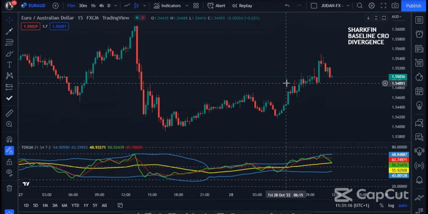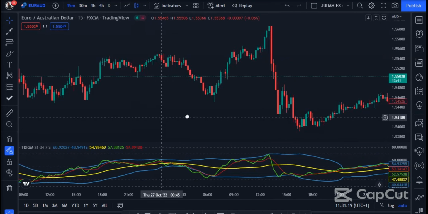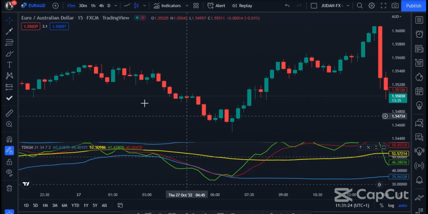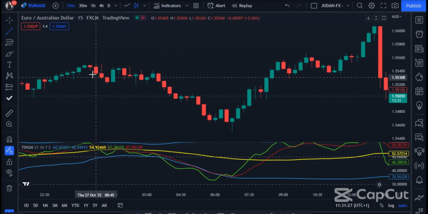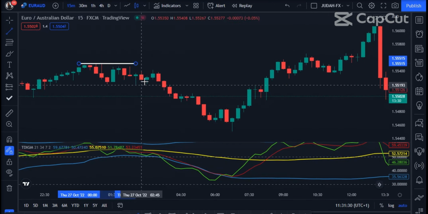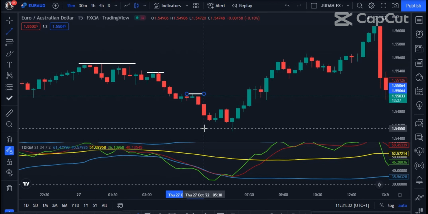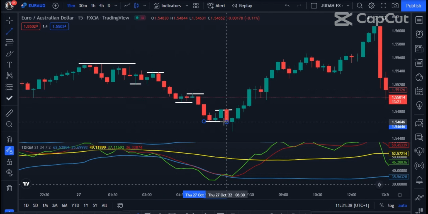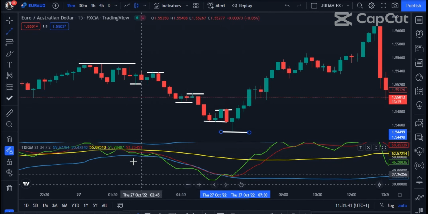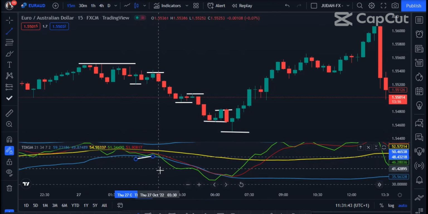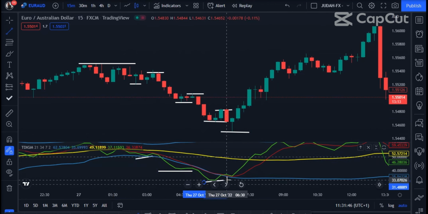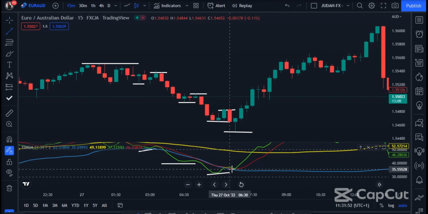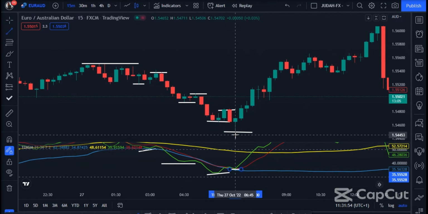Let me see if I can find an example. Yeah, so here's an example. Here we see a high, lower high, lower high, lower high, and lower lows, lower lows, lower lows. The indicator gave lower lows too, but at a point it gave a higher low here, while price gave a lower low here.